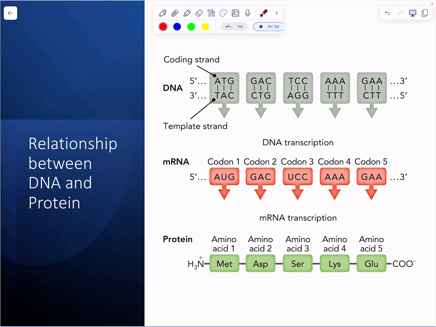Well, what my generation called degenerate. It just means that you have more than one 3-letter word that means the same amino acid, so you have some redundancy in the code.